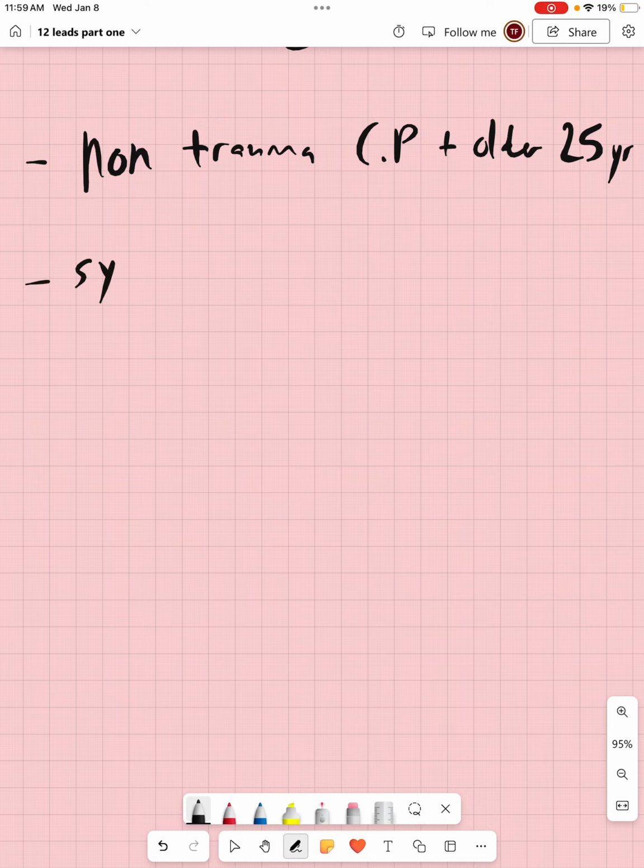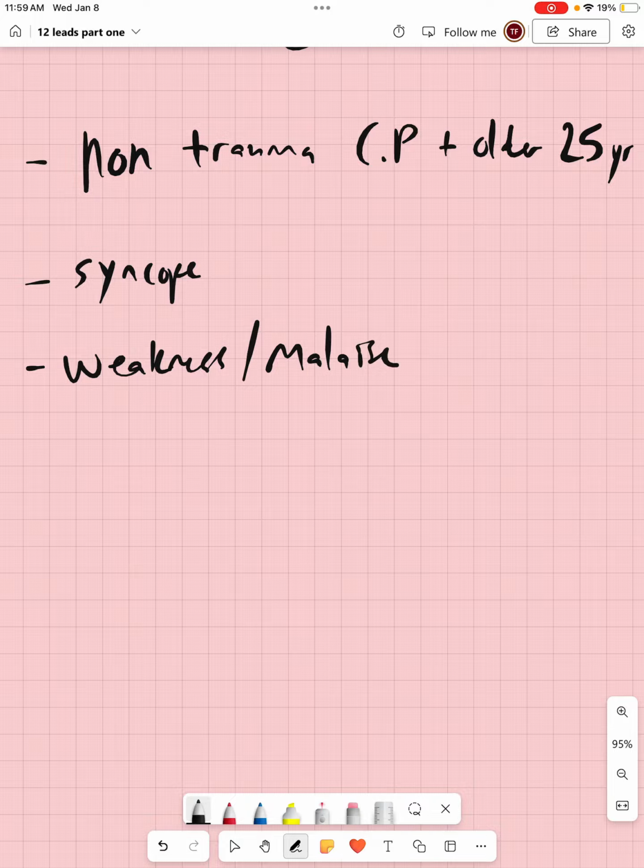I'm thinking syncope. Generally weak. Congestive heart failure. Shortness of breath. That is just unexplained.